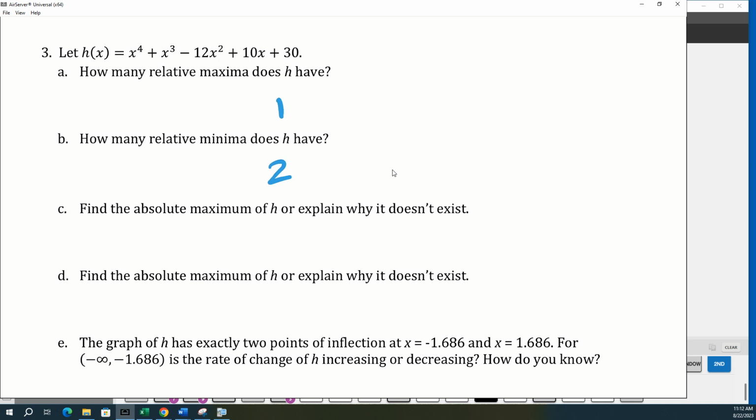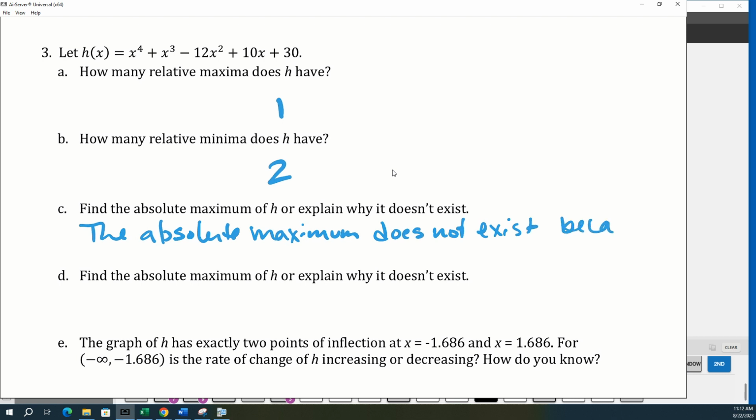So the absolute maximum does not exist because H increases forever or something like that. So as soon as you think you find the highest point, you can go a little bit higher.